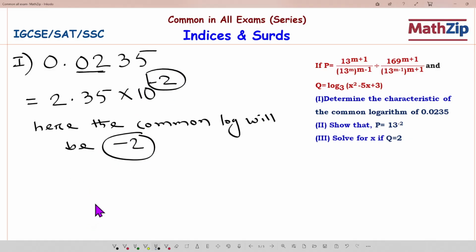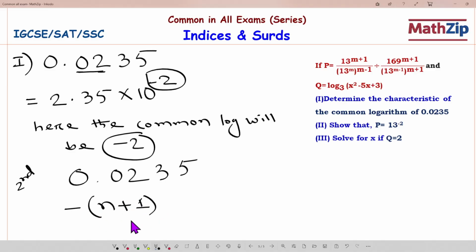Or another way, second method, here is 0.0235. We know the rule, which is minus n plus 1.